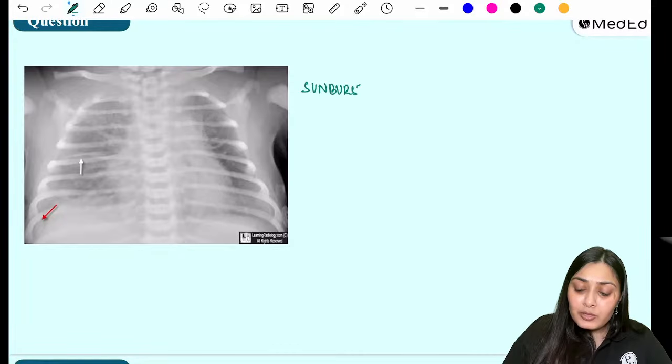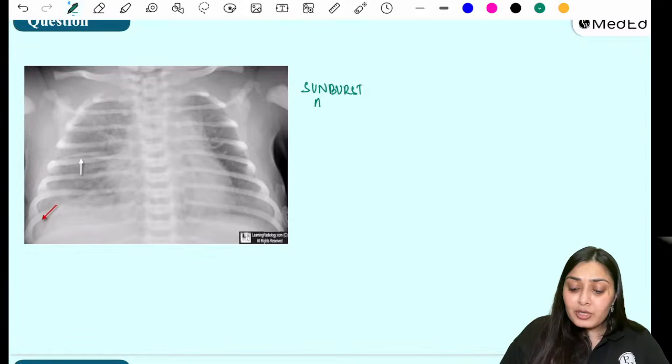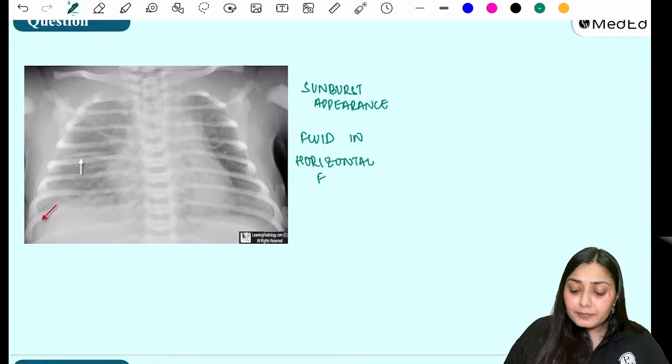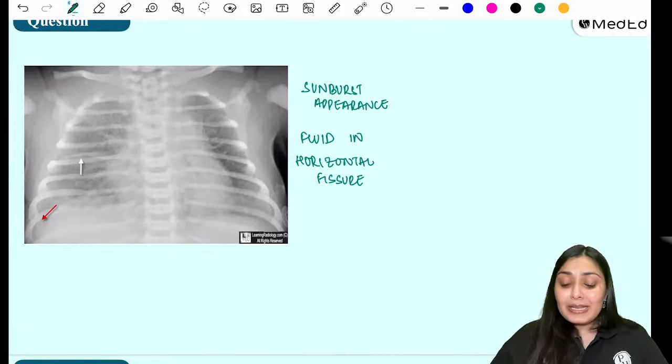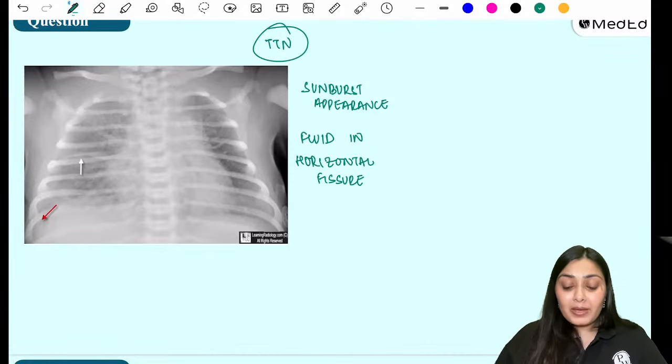First is the sunburst appearance, that is the perihilar infiltrates. And I have fluid in the horizontal fissure. Typical X-ray pattern of transient tachypnea of newborn, right?